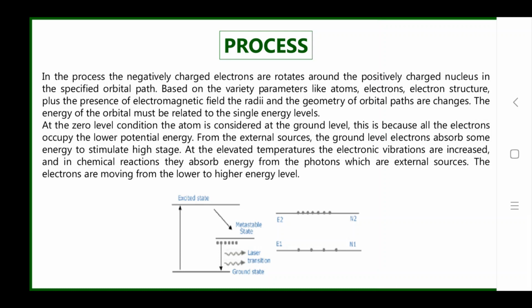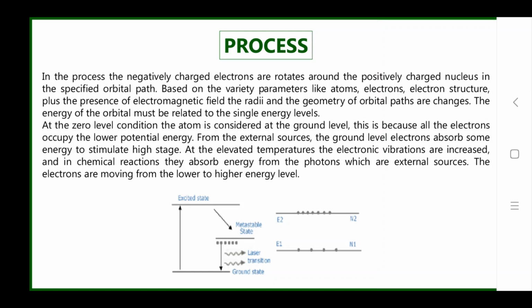The energy of the orbital must be related to a single energy level only. At the zero level condition, the atom is considered to be at the ground level, because all the electrons occupy the lowest potential energy.